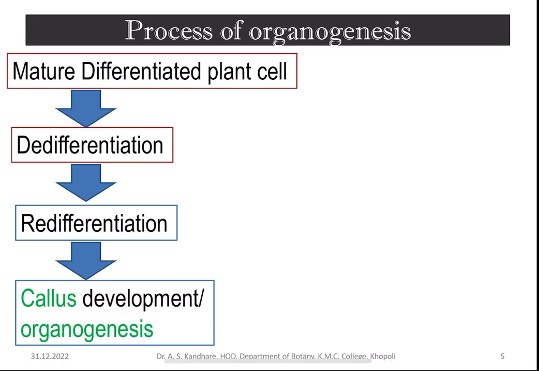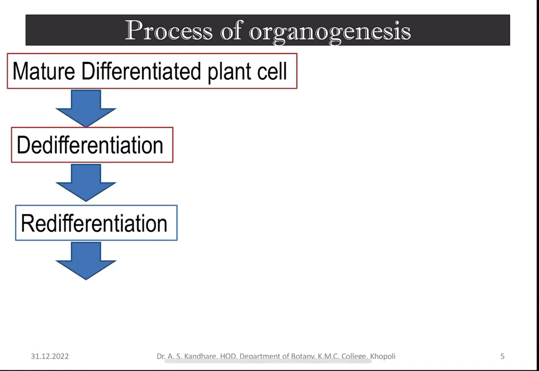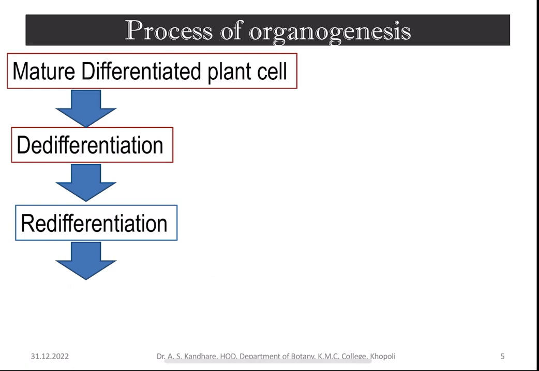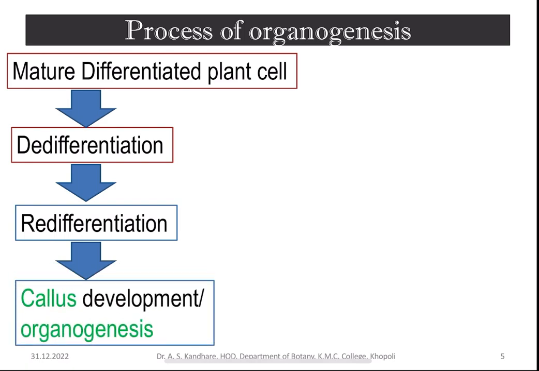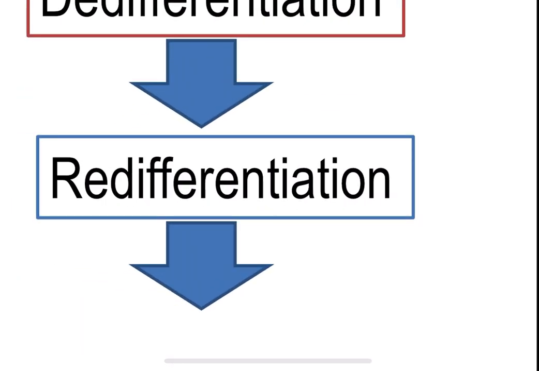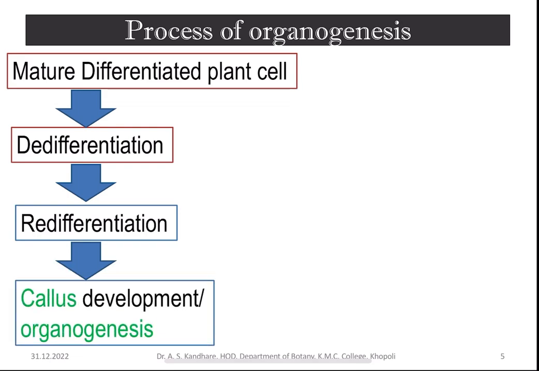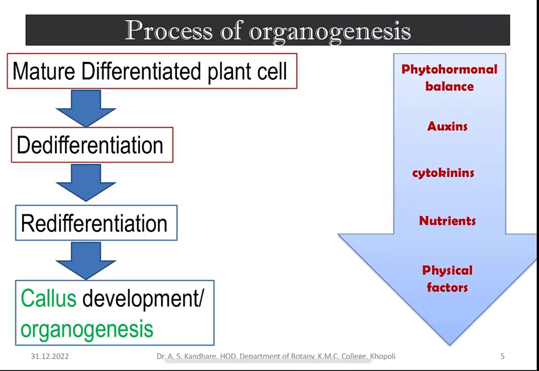So both options are open here, isn't it? Either you can go for callus development, or you may start organogenesis or callus formation, whatever it may be, depending upon the things and depending upon the need the researcher wishes to follow.